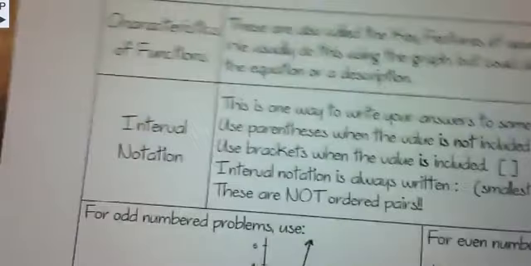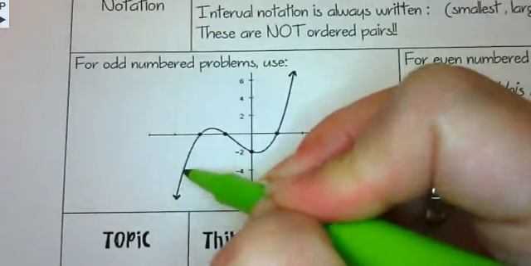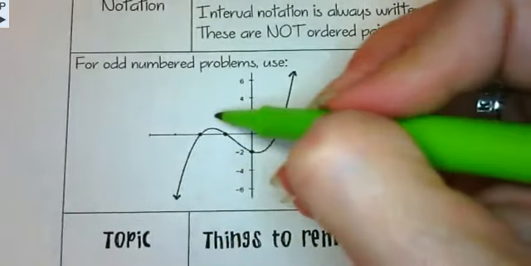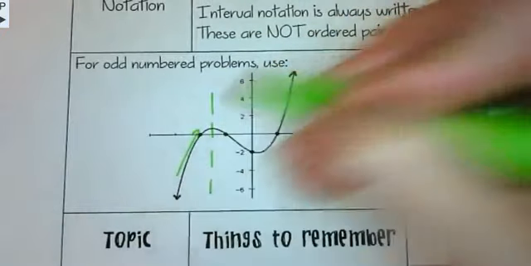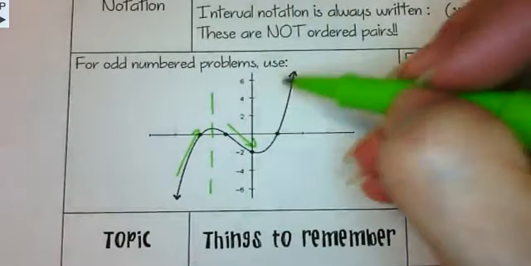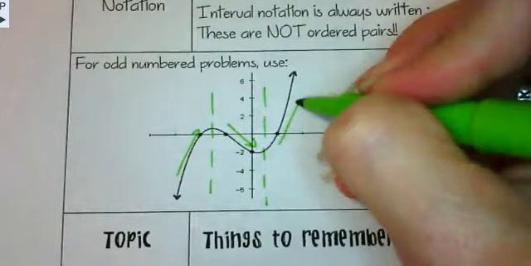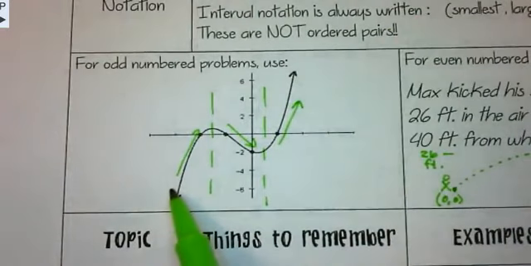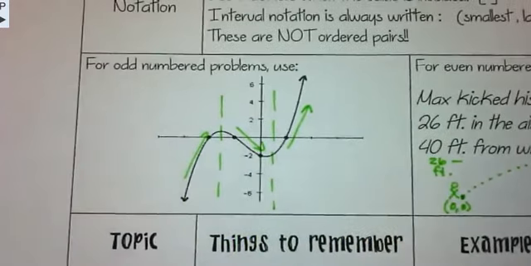So to go back to our graph, this function right here is increasing up until here. So right here, it's going up. Then, for a little bit of time, it goes down, I'd say to right about there, and then it goes up again. So it's increasing, then it's decreasing, then it's increasing.